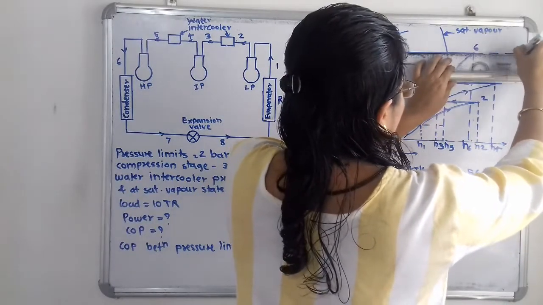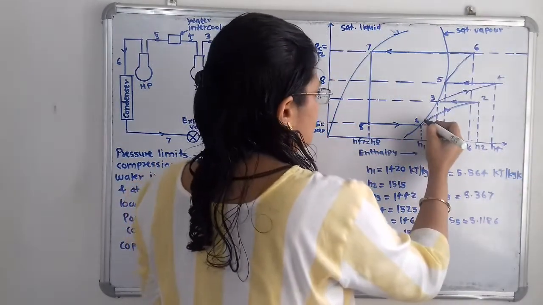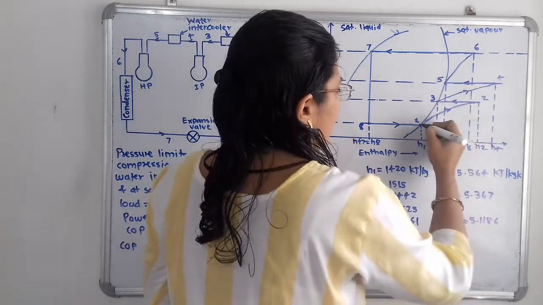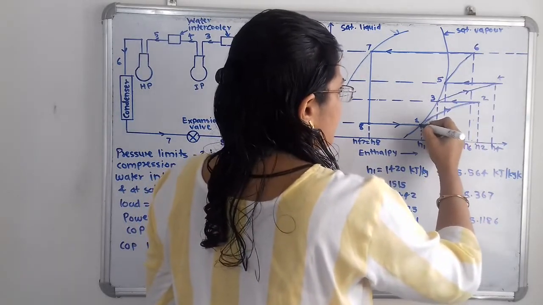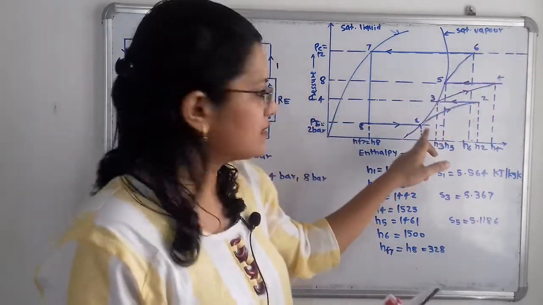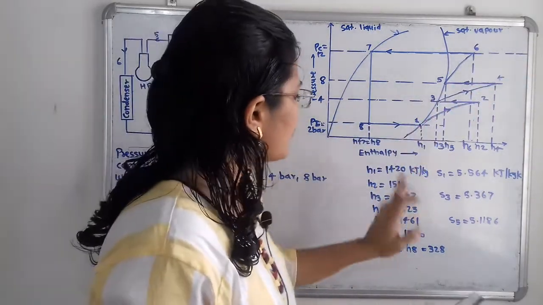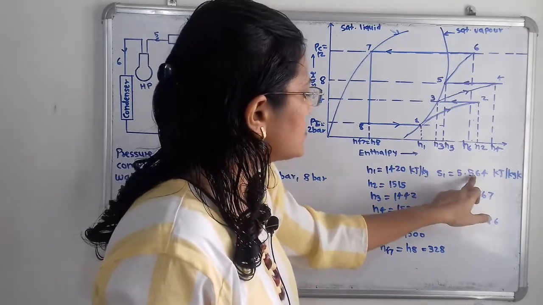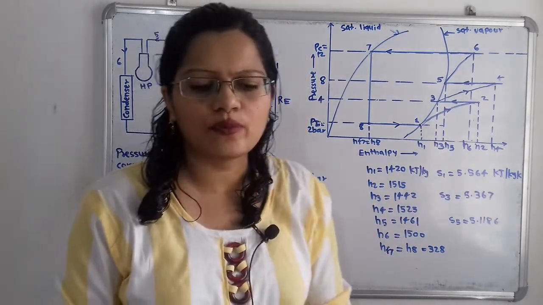So I am extending this, and from this 2 bar to 12 bar we have to take the constant entropy line. So up to this we have to extend this entropy line, that is what is the S1, that is 5.564, that is the entropy at point 1.